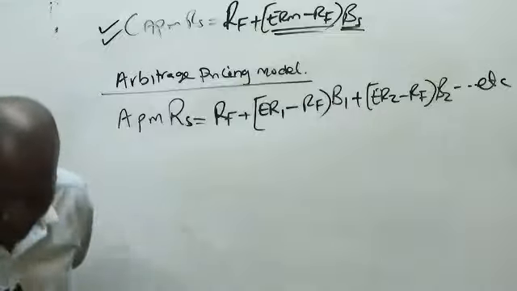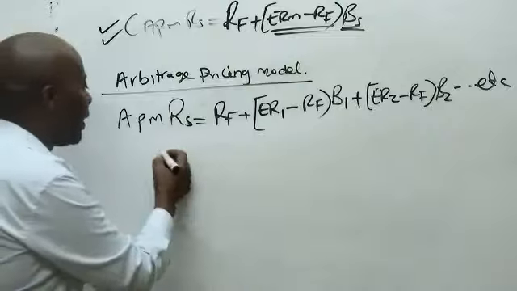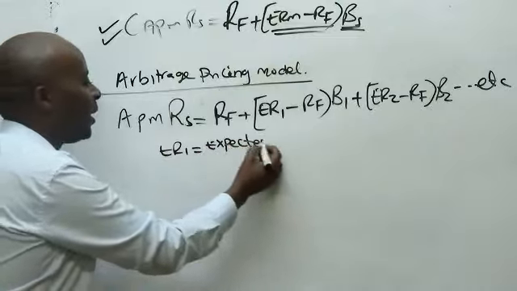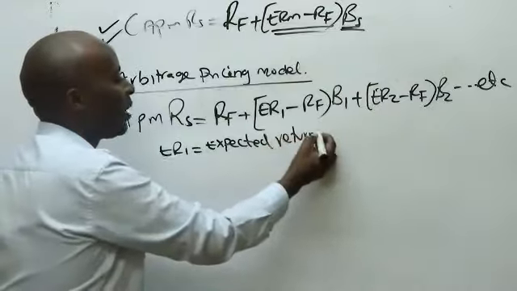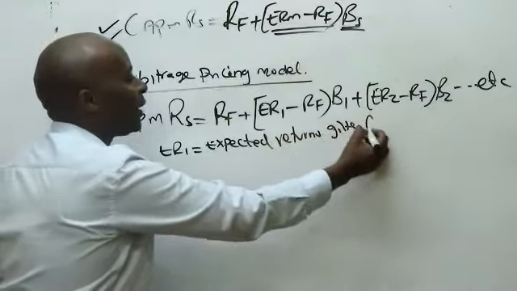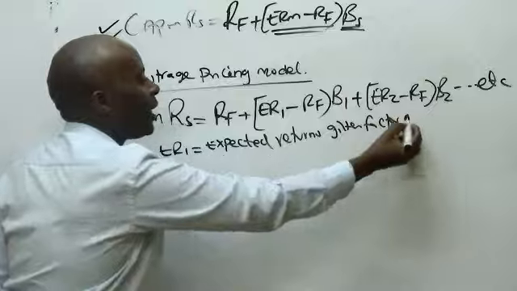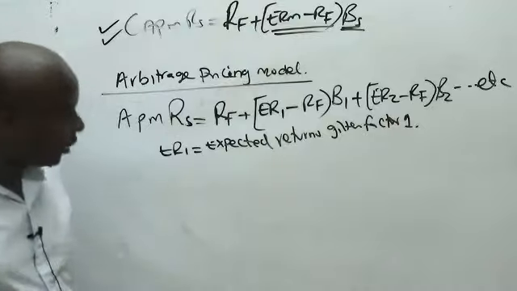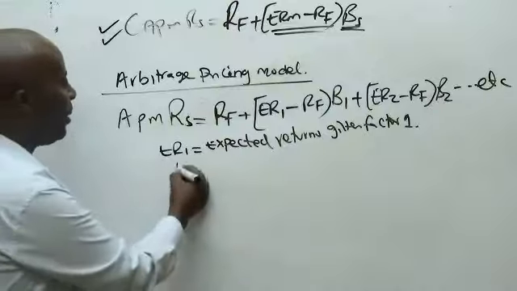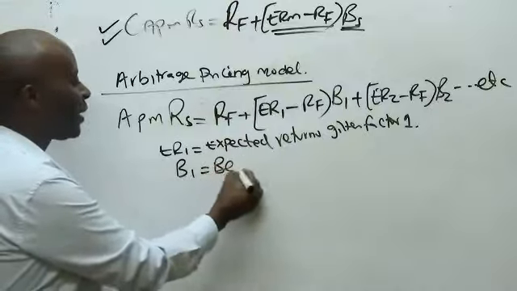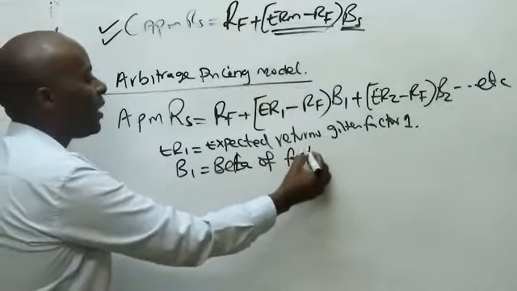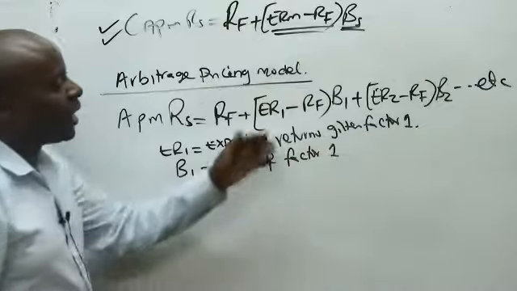Thank you very much. So we are saying that ER1 is expected returns given factor 1. And of course, B1 is beta of factor 1, and so on for factor 2.